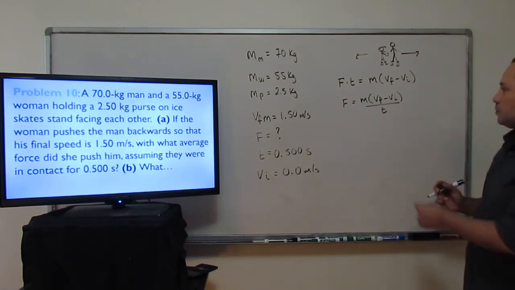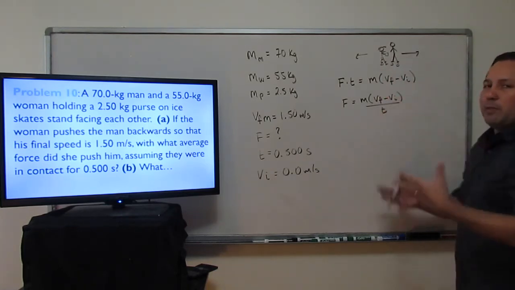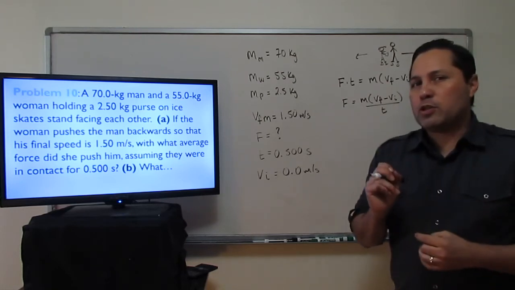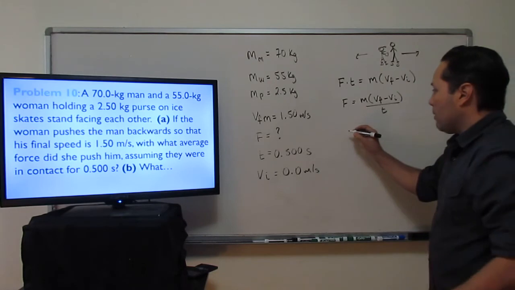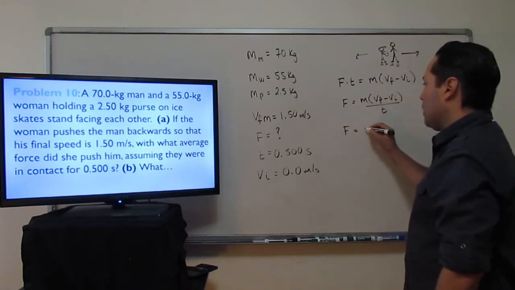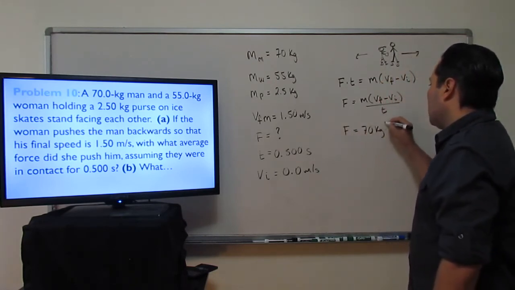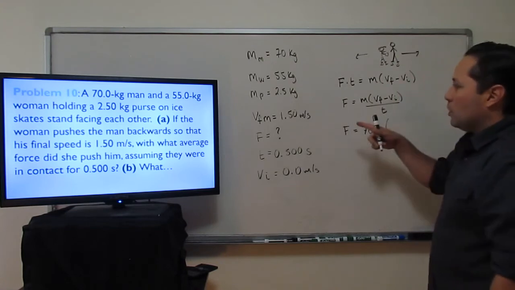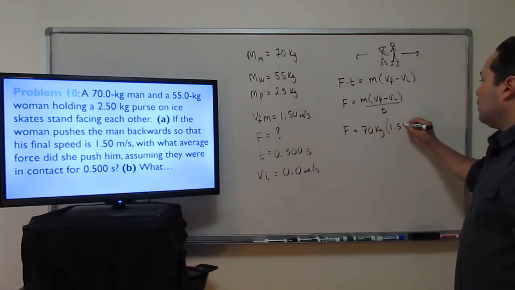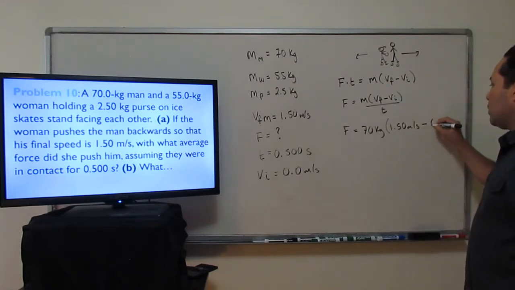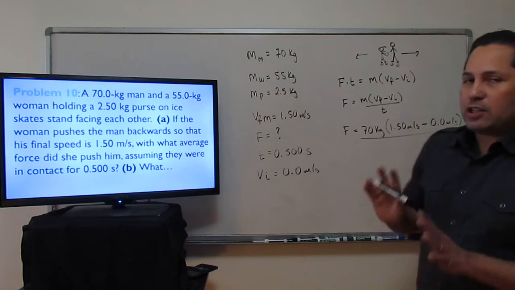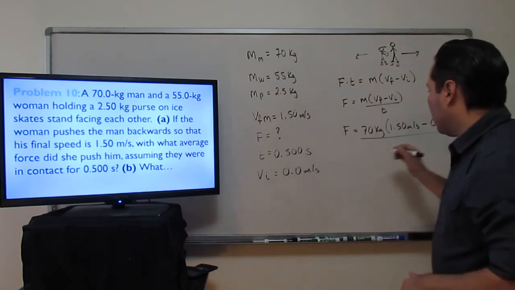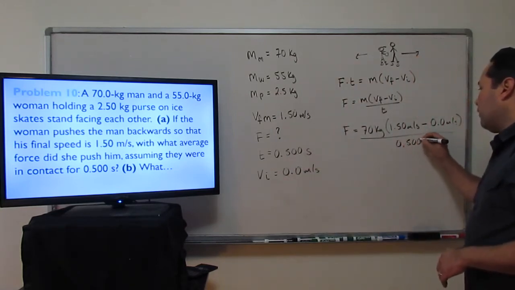So this is the force that was applied on the man. All the information that's going to go in there is information for the man. For example, the mass is going to be the mass of the man, which is 70 kilograms. Velocity final is 1.5 meters per second. Velocity initial, 0 meters per second. And the time that she made contact was only 0.5 seconds, half a second.